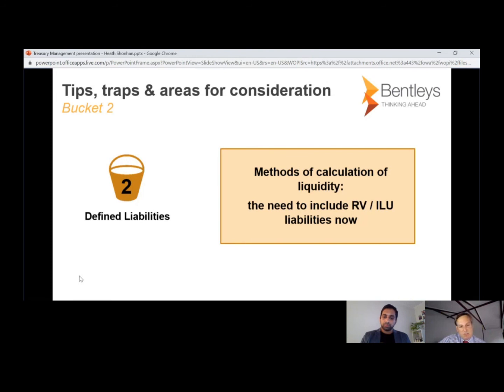We used a very simple example just before of 10% of your total consumer liability. Practically, when we do this with clients and providers, there's a few other different types of ways that we calculate that with you.